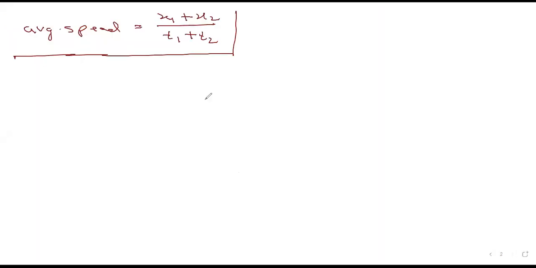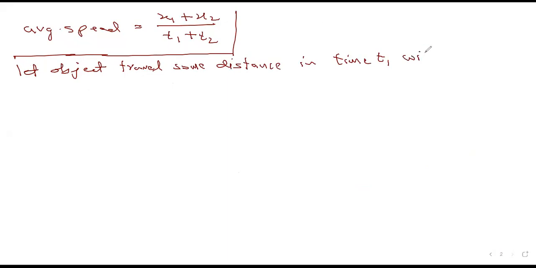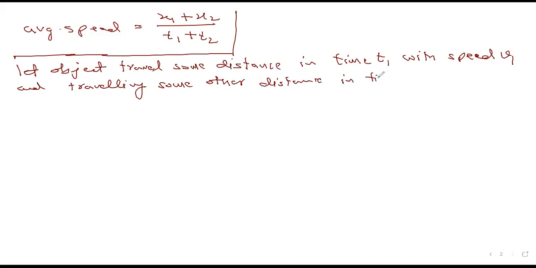But suppose the object travels some distance, now the distance is not known, in time t1 with velocity v1 or with speed v1, and traveling some other distance in time t2 with some other speed v2.